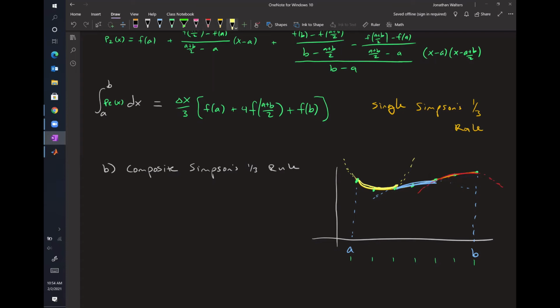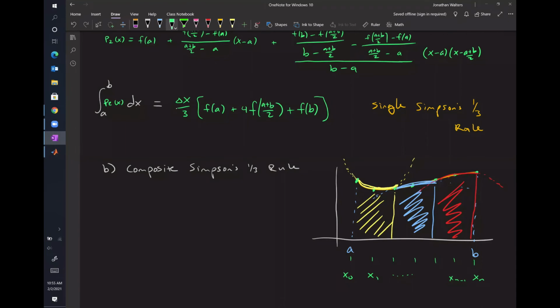So basically what I'm going to do is find the area over each successive 2 subintervals and add all those together. So again, we'll start out x0, x1, xn minus 1, xn.